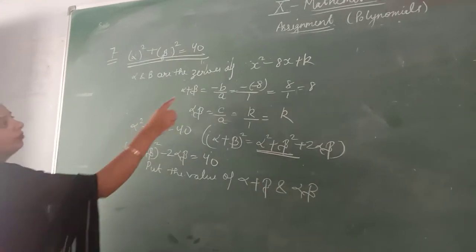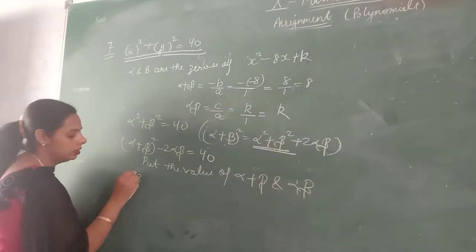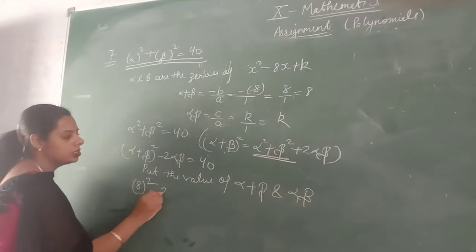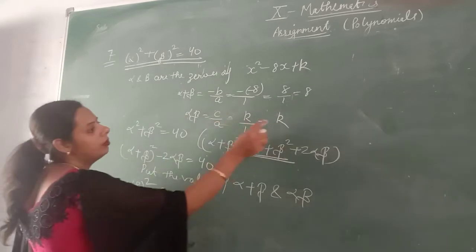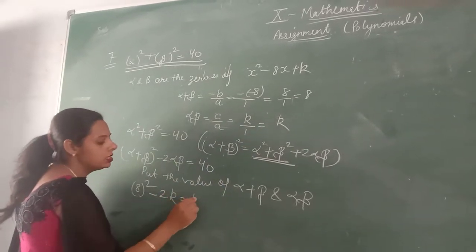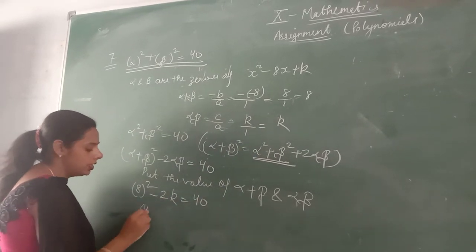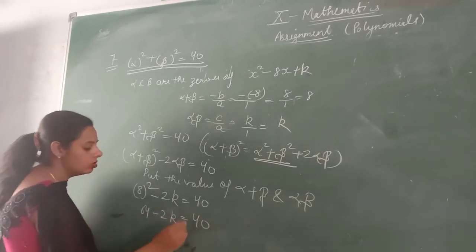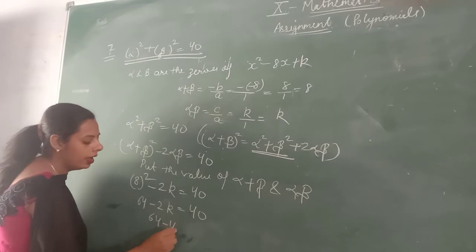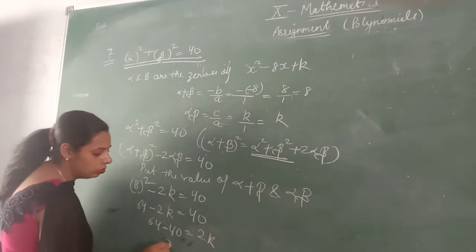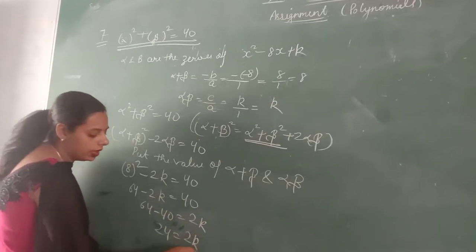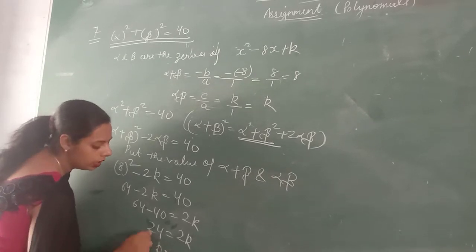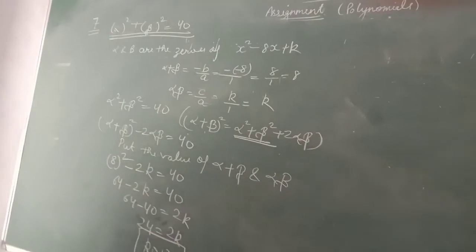The value of alpha plus beta is 8, so 8 square minus 2 into alpha beta, and alpha beta is equal to k, that is equal to 40. 8 square is 64, minus 2k is equal to 40. On solving, you will have 2k equal to 24, and the value of k will be 12. That is the answer to this question.